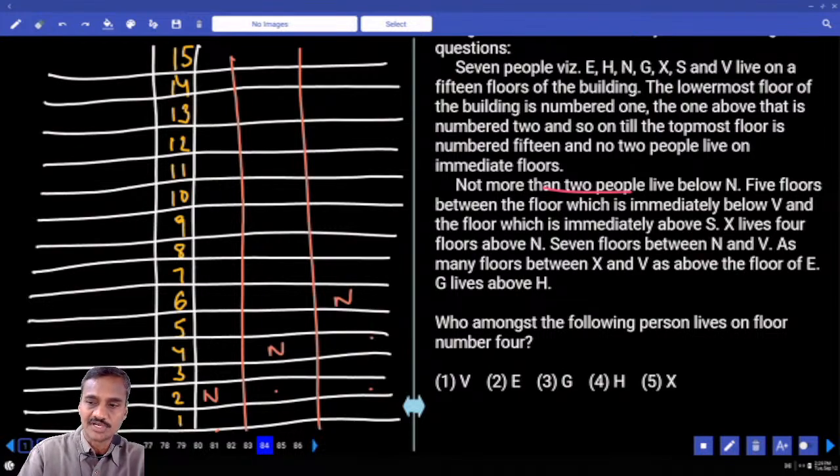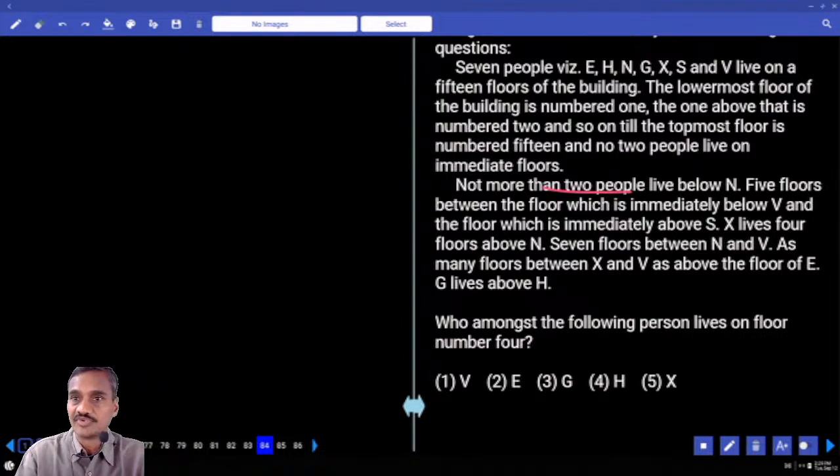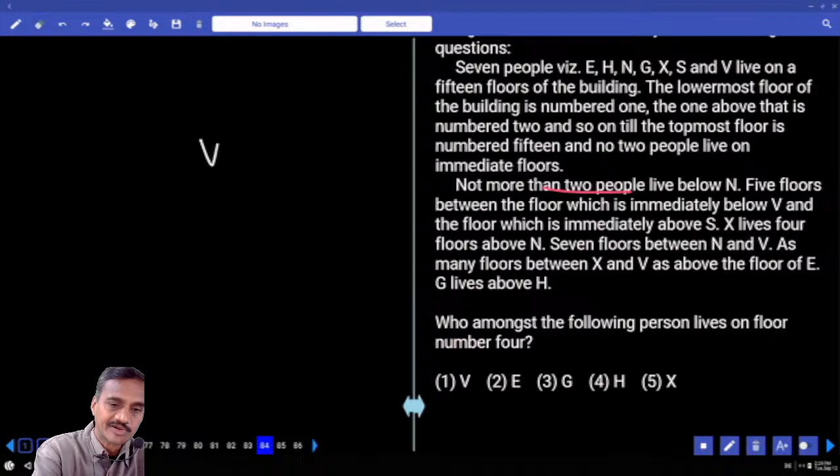And 5 floors are there, which is immediately below V and immediately above S. Immediately below V and immediately above S, how many floors are there? 5 floors. Now tell me what are the different possibilities we have here. V is here and immediately below V there is 1 person, floor. And here talking about floors. And immediately above S, if S is here, immediately above S is here.